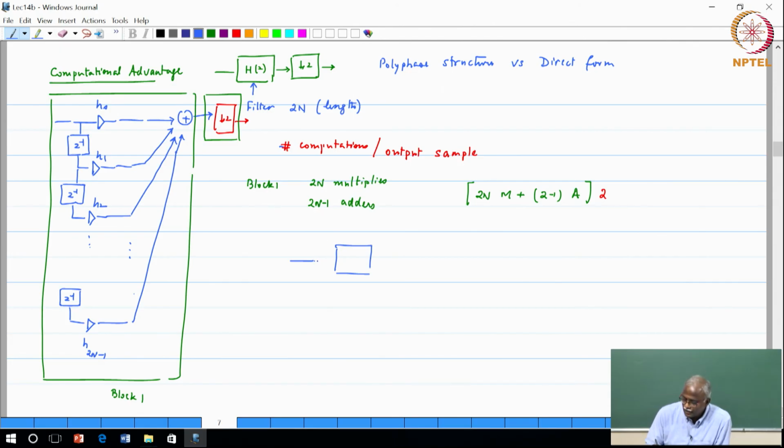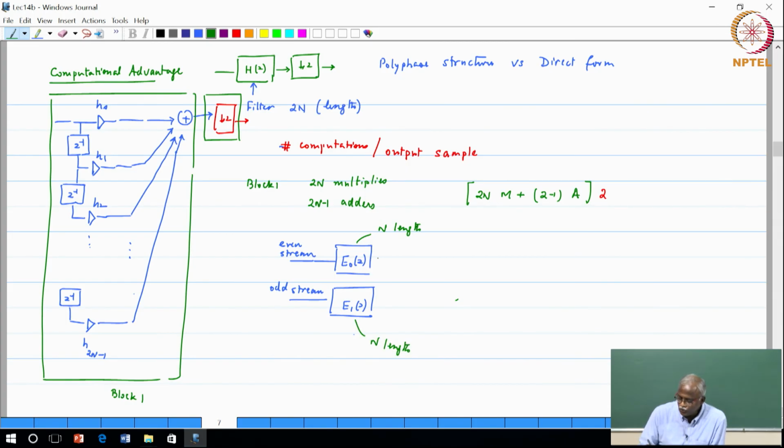So, basically you would have done a polyphase E0 of Z, the even stream would go to this side, and the odd stream goes on the lower branch, that will be E1 of Z. Now, E0 of Z has how many taps? N taps, because H of Z has got 2n, I have split into 2 polyphase components, this has got length n. So, this one also has got n length.